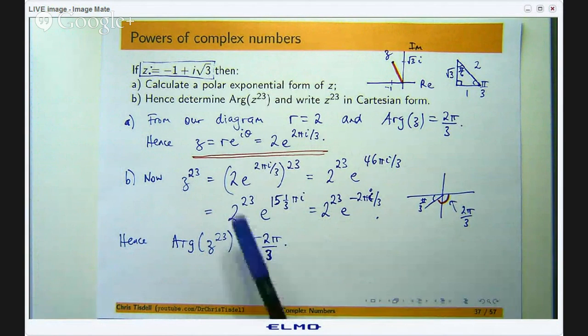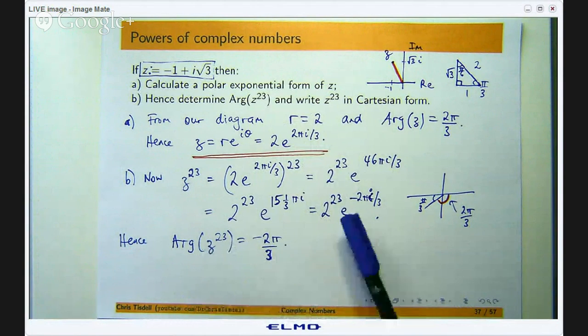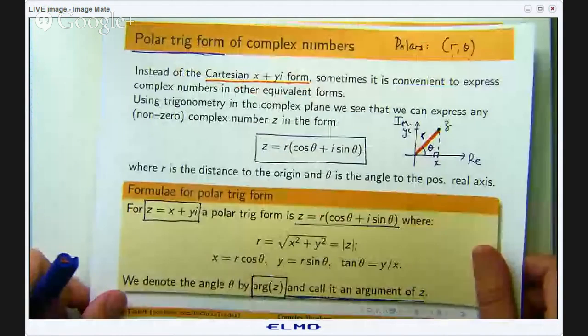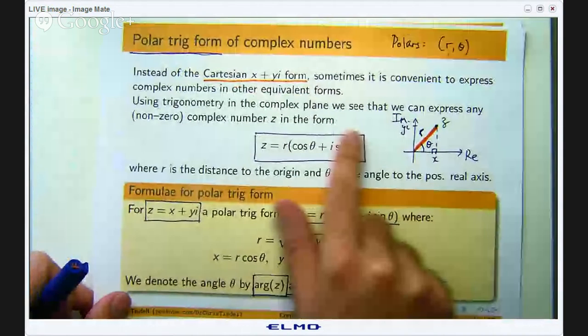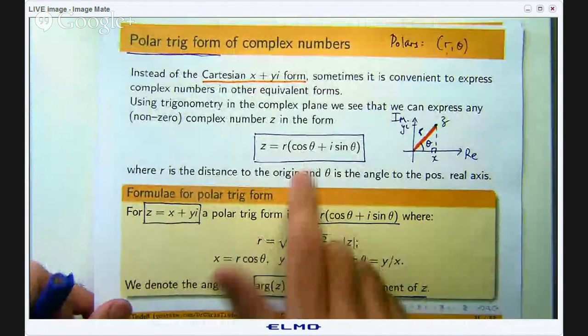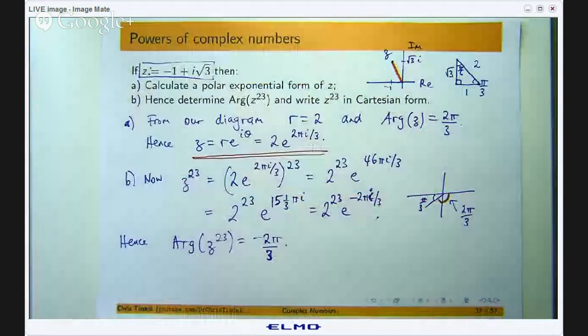And the last thing I want to do is write z to the 23 in Cartesian form. Again, we can leave these powers of real numbers unsimplified. So how do we do that? Well, we're going to use the polar trig form of a complex number. So we've still got an r and a theta. It's just that we don't have an exponential here. We've got cosine plus i sine.